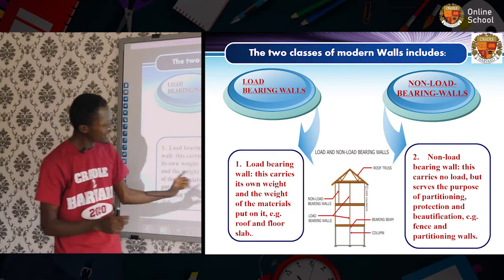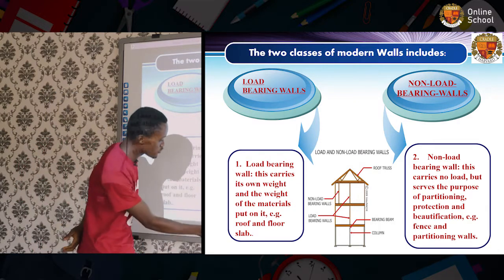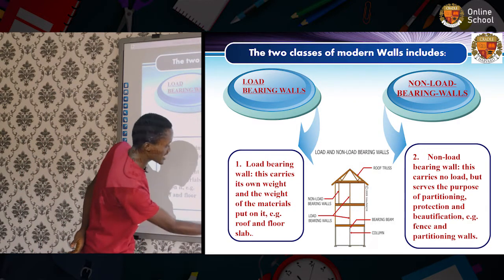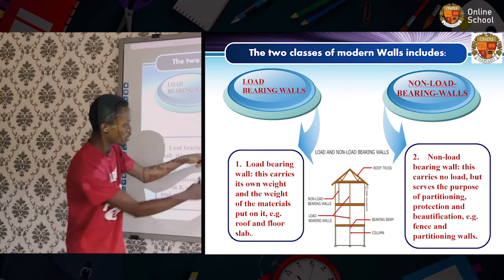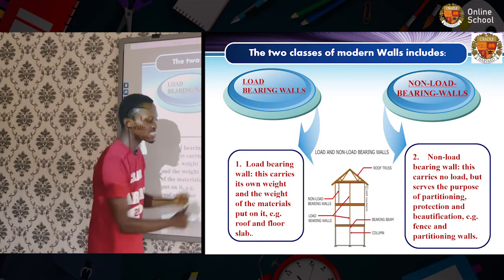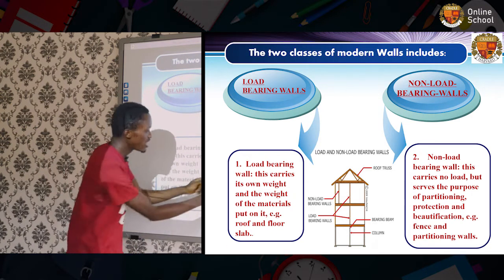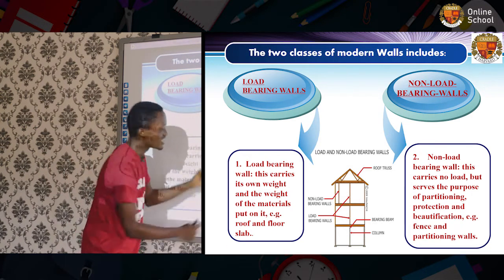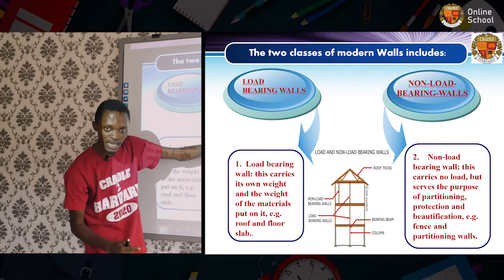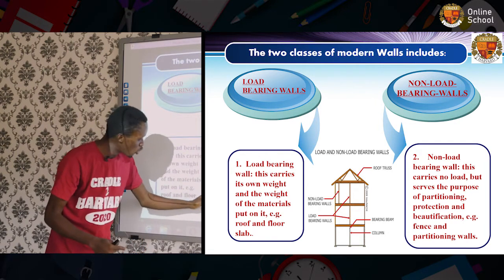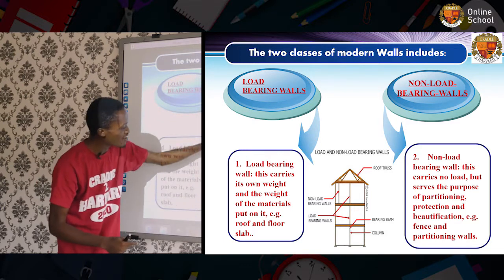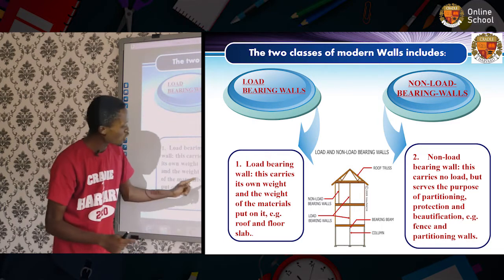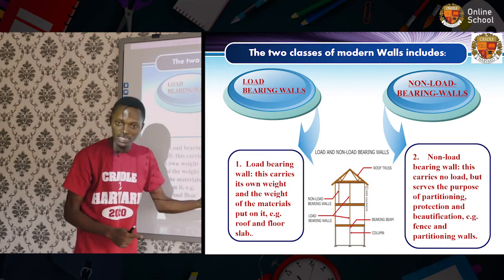If you look at this picture, you'll find this particular wall is a supporting wall because you have the roof resting on it. All walls that have loads resting on them are called load-bearing walls, while the walls that do not have loads bearing on them are called non-load-bearing walls.